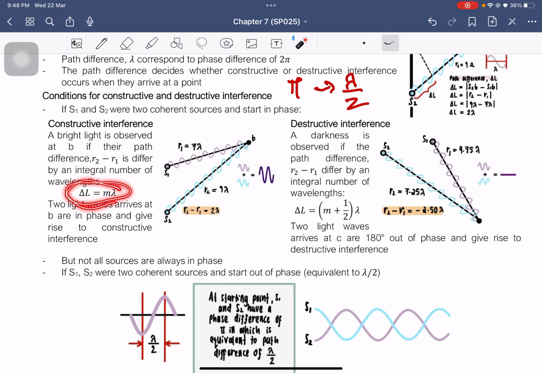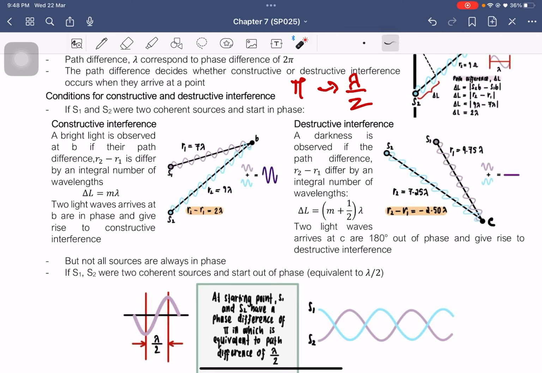So these two light waves arrive at C, 180 degrees out of phase, or pi, out of phase, and give rise to destructive interference. So this is destructive interference, this is constructive interference.